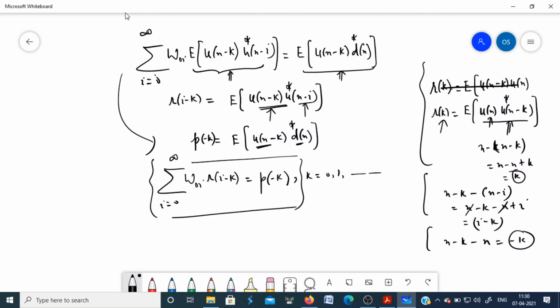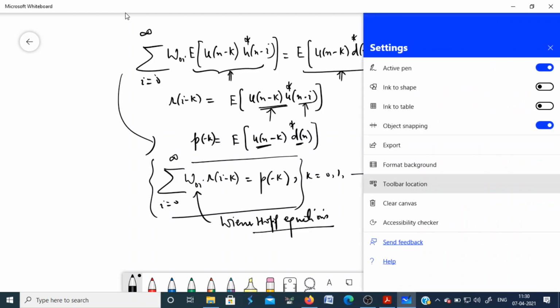Solve these equations and you can find a solution for w_i, which gives you the optimum filter, and these equations are called the Wiener Hopf equations. Now these equations you can expand in matrix form, and you will get more insight into this.